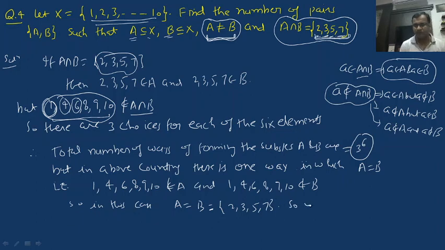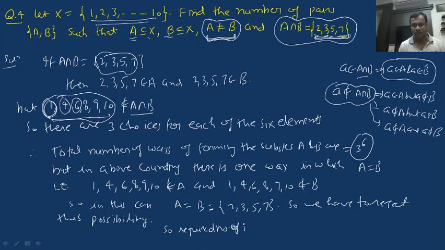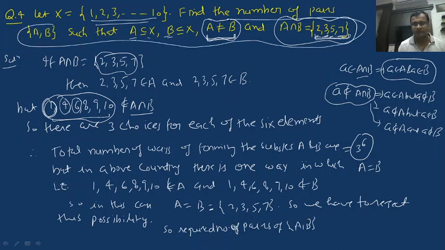So we have to reject this possibility. So the required number of pairs (A, B) satisfying the above constraints, these are the constraints which we have to follow.